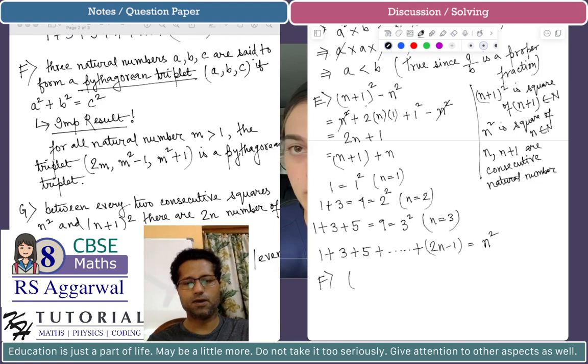So A comma B comma C inside the bracket will form a Pythagorean triplet if we have A square plus B square equals C square. The order is different.